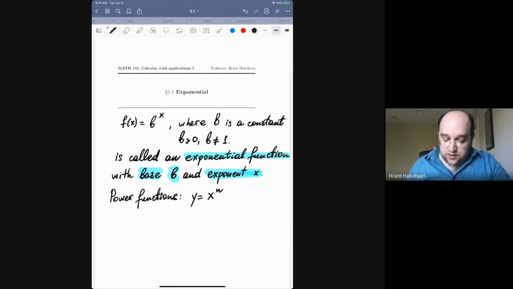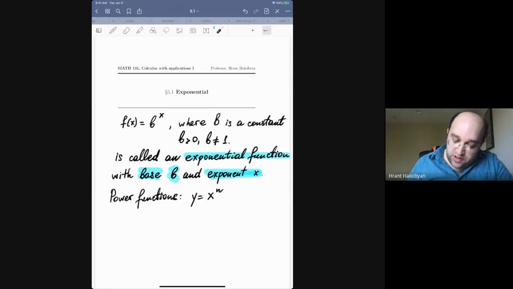This is the power and this is the base. For the power function, the power is a fixed number, it's not changing. For the exponential function, the exponent is changing, but the base is a fixed number.